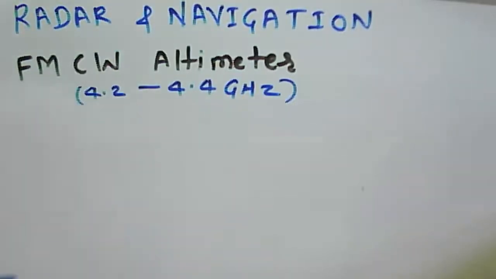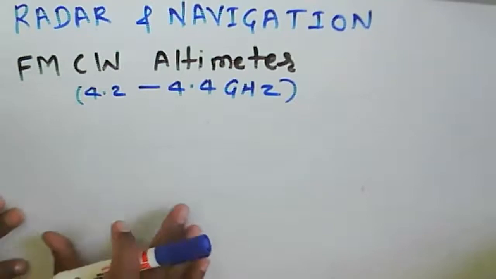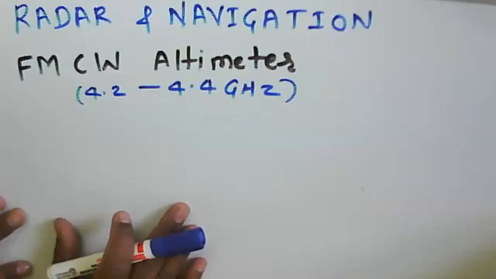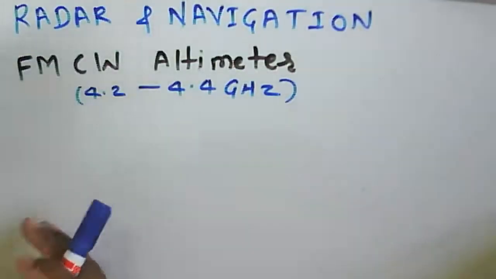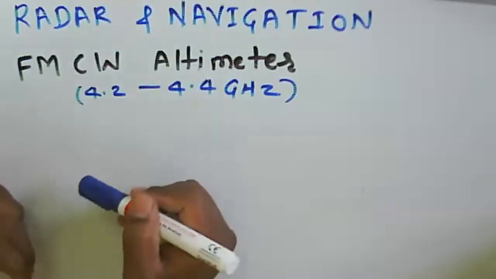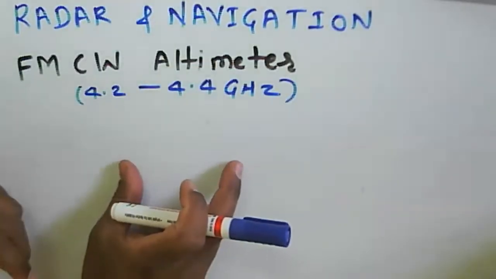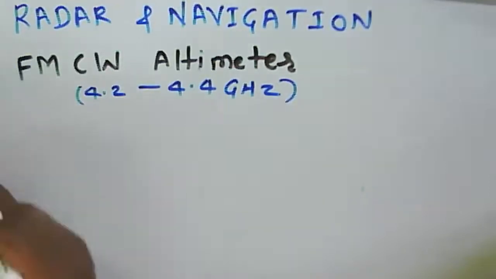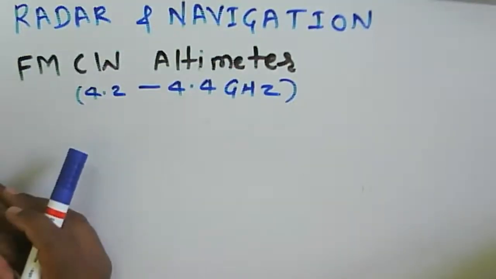Now when the aircraft is landing, it is looking at the surface to see how much the height is, and in that case the radio altimeter is mostly used at the time of landing of the aircraft.